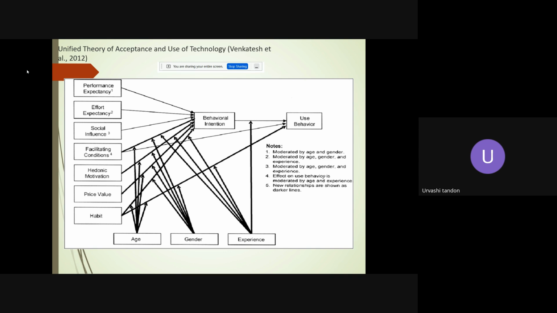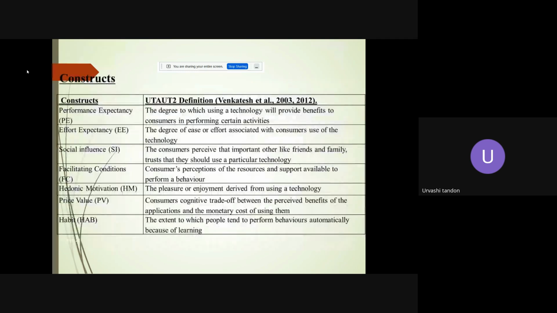Age means, let's say, youngsters are more prone to online shopping as compared to our own parents who are in the older or elderly age, right? Likewise gender, or likewise experience. If you already have experience of using mobile or any application, then it is easy to use. So these are the moderating variables: age, gender, and experience. These are definitions which I have already covered.